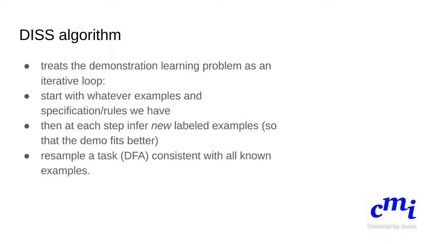It starts with whatever examples and specification we have. In the middle of the flow chart, you can see it has some examples and some specification, and at each step it infers new labeled examples and gives them back to the learner.